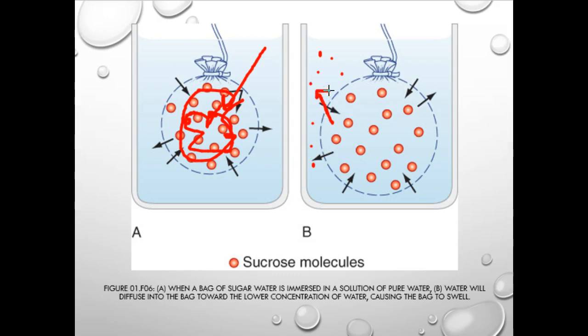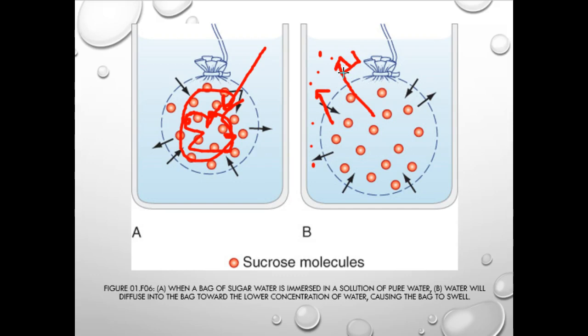So water will go where the particles are. And the reason that's important is because if we have a lot of particles inside and we move a lot of water inside, I mean, think about how small that cell is. It'll expand that cell and it can break apart. If we move a lot of water out, the cell can shrink because we're moving water out to where the particles are, because it's trying to balance the solution.